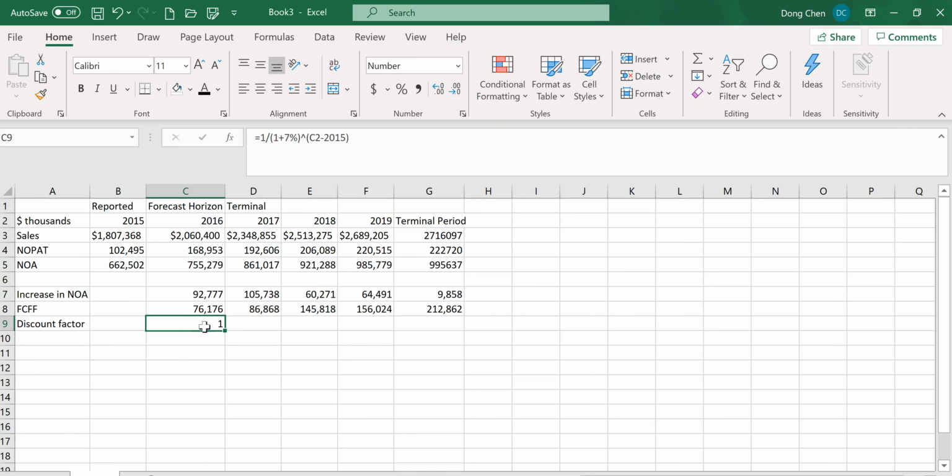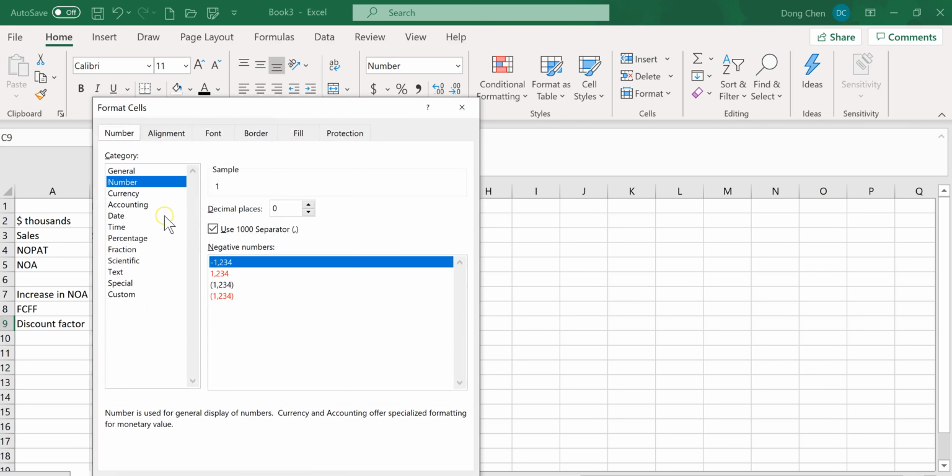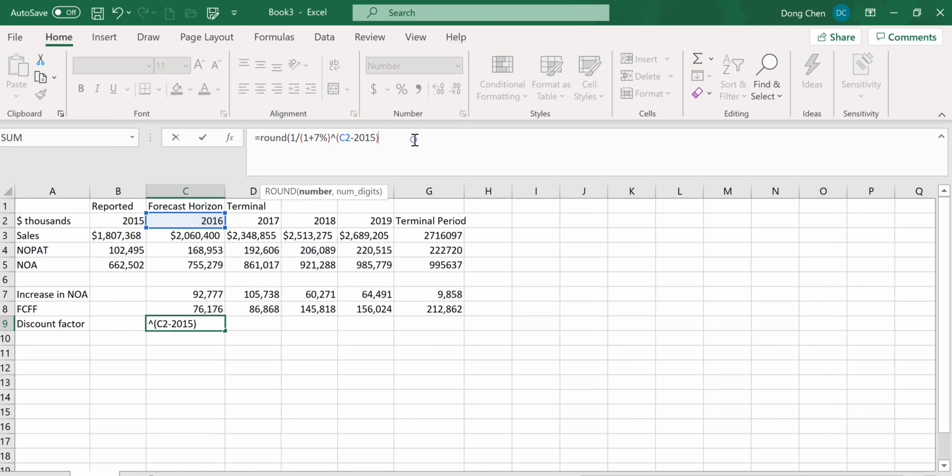The reason I got 1 is because of rounding, and if I remember correctly, it asked us to keep 5 decimal places. So I just follow that, and it's better to also use the round function to do that.